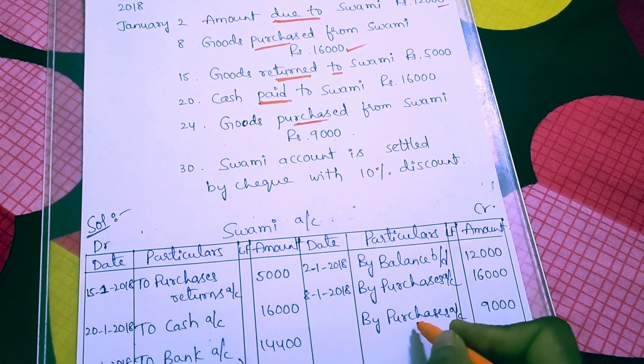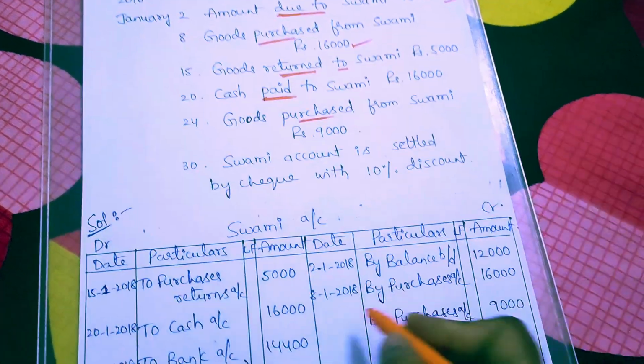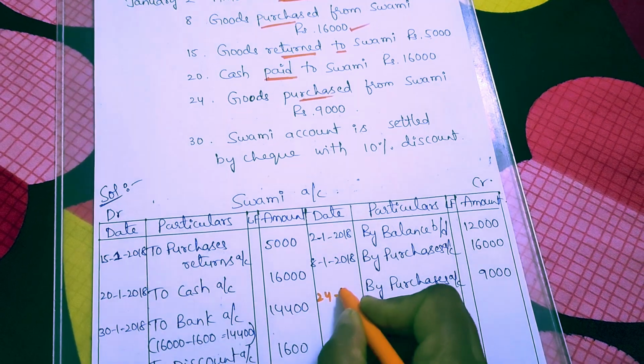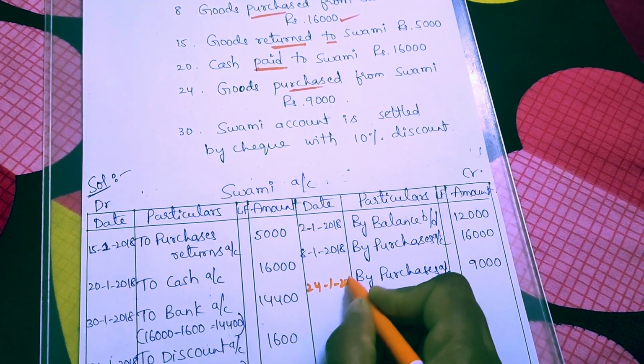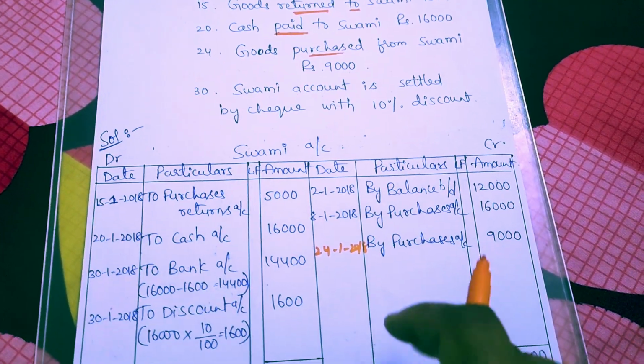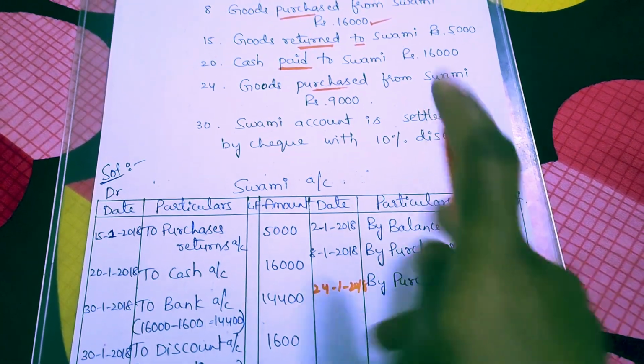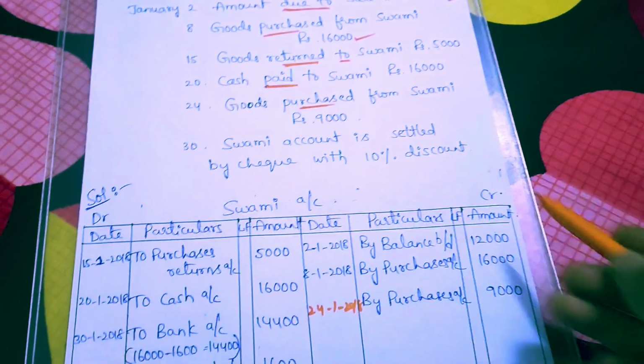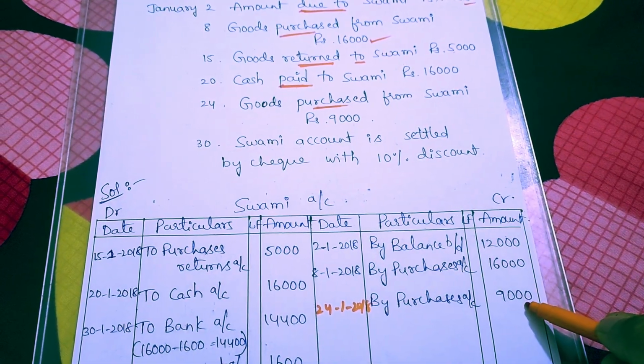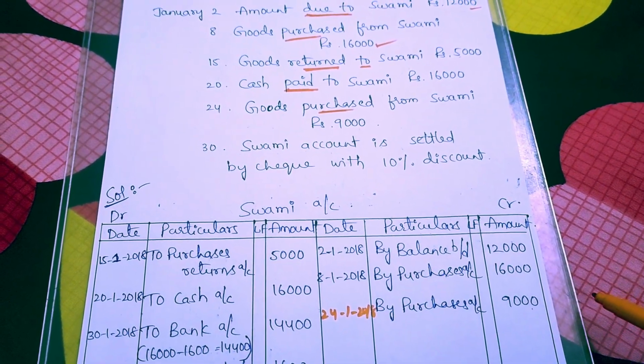Our date is 24. So 24-1-2018. Okay. So we should write 24-1-2018 by purchases account 9,000. This 9,000. Clear?